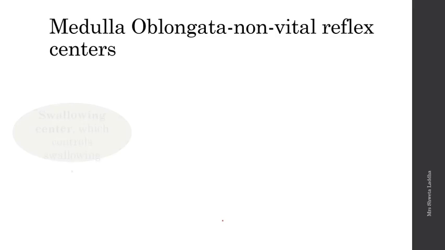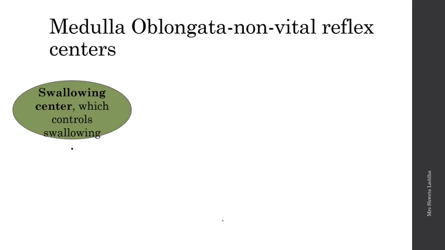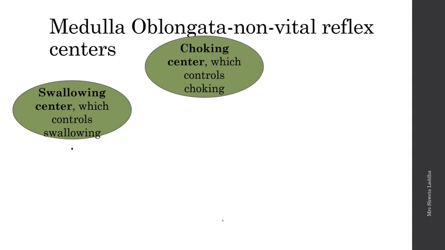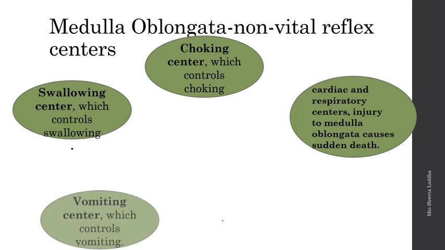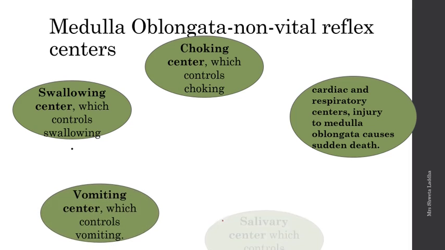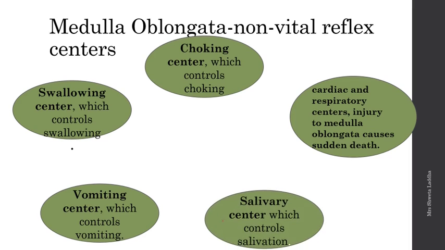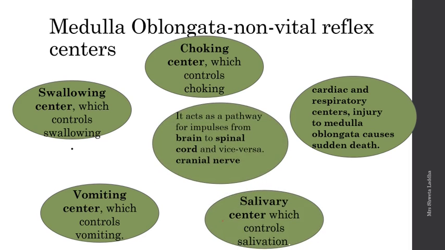Some non-vital reflex centers like swallowing center, which controls swallowing, choking center, which controls choking, cardiac center, I told you, respiratory centers, injury to medulla oblongata causes sudden death. Vomiting center, it controls the vomiting. Salivary center, which controls salivation. It acts as a pathway for impulses from brain to spinal cord and vice versa with the help of cranial nerves.